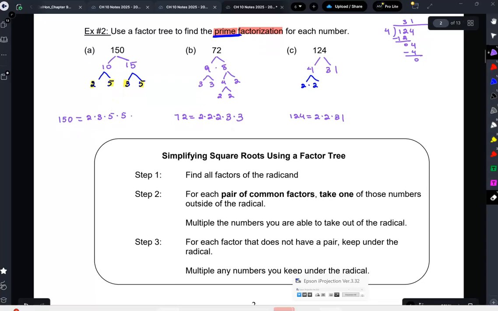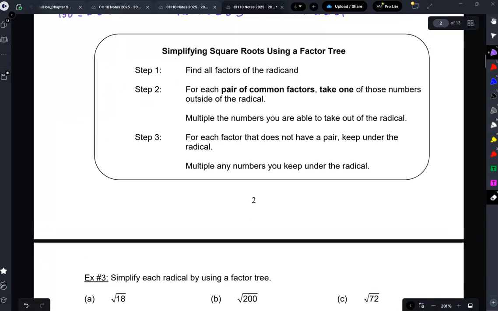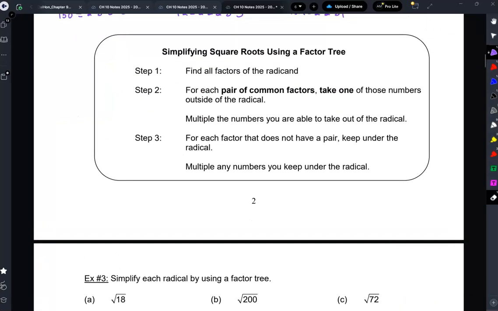Okay. So now, in order to simplify square roots, we first have to do this. Okay? So simplifying square roots, right?